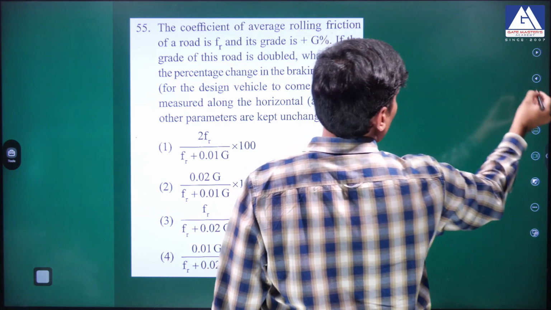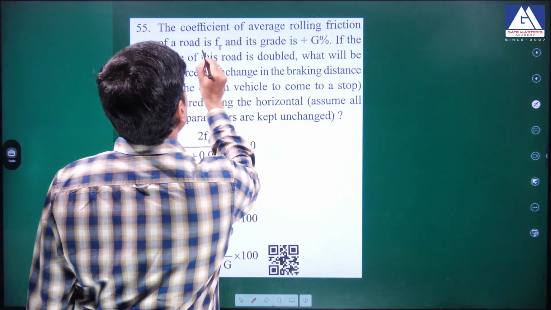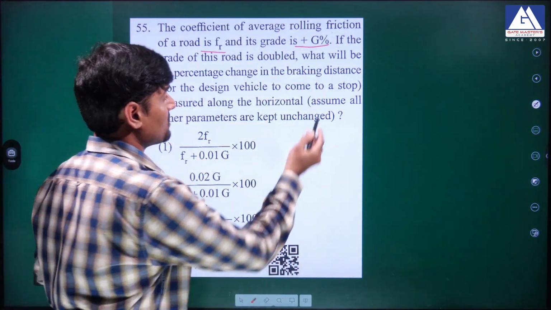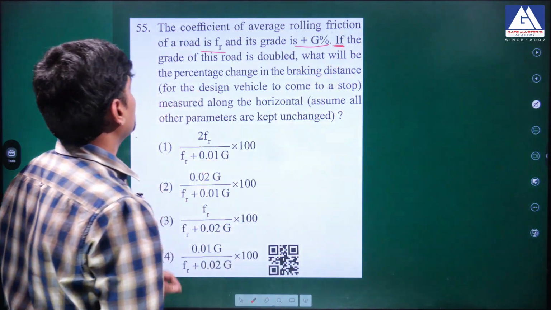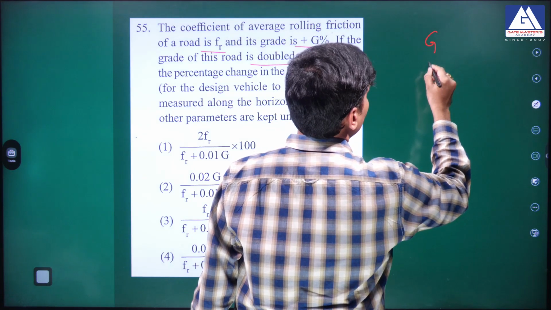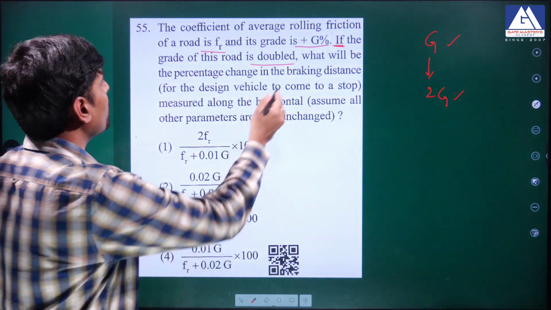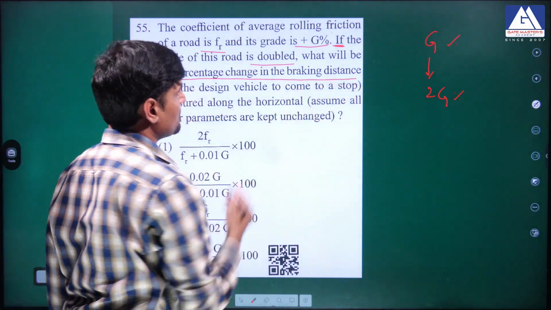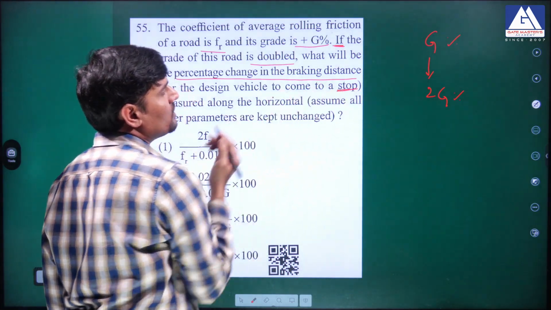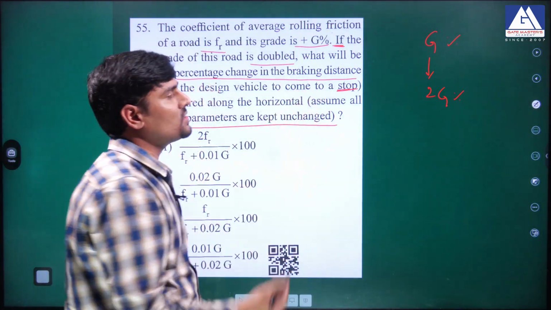So rolling friction, that means Fr is given, and its gradient is plus G percentage for a section, but at the same time, if the grade of this road section is doubled, that means if G becomes 2G percentage, what will be the percentage change in the braking distance for the design vehicle to come to a stop, that means it is somewhere related to stopping sight distance measured along the horizontal. Assume all other parameters are kept unchanged.